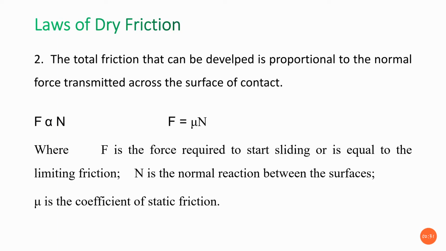The normal reaction is represented by N, and the frictional force by F. I remove the proportionality sign and introduce one more constant, which we call the coefficient of static friction. That is, F = μN. Here F is the frictional force, N is the normal reaction, and μ is the coefficient of friction.